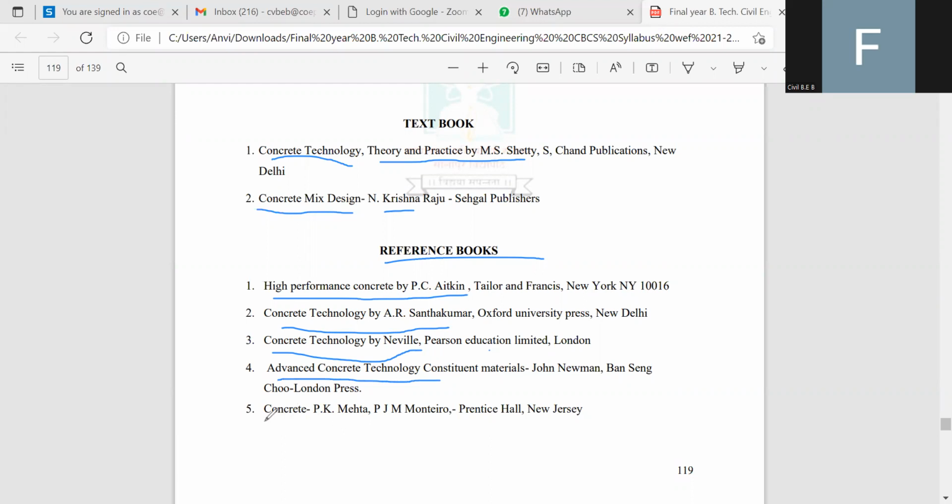These four or five reference books you can also use for our subject. So these are the textbooks and reference books we can use for this subject. This is the theory syllabus, practical syllabus, textbooks and reference books we have seen for this particular subject.